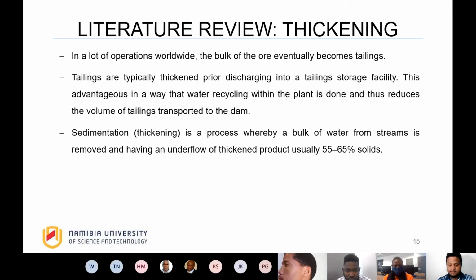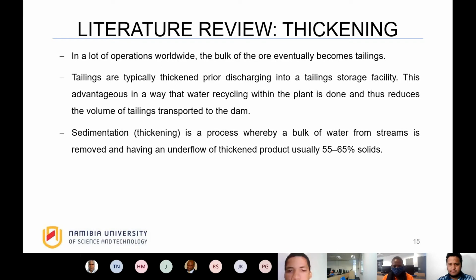This is done by thickening and removing solid materials from the liquid. By doing this, we have the advantage of recovering water, and thus we have water management put in place. This also reduces the volume that you are sending to your tailings storage facility.